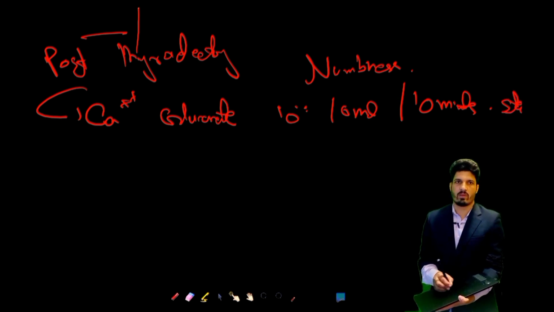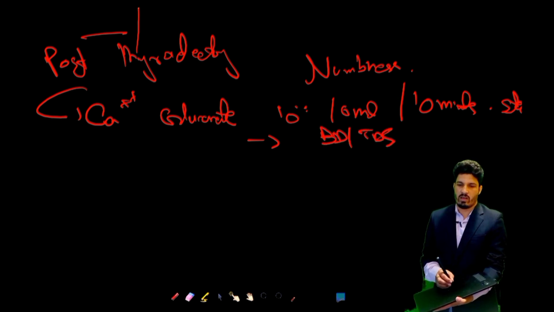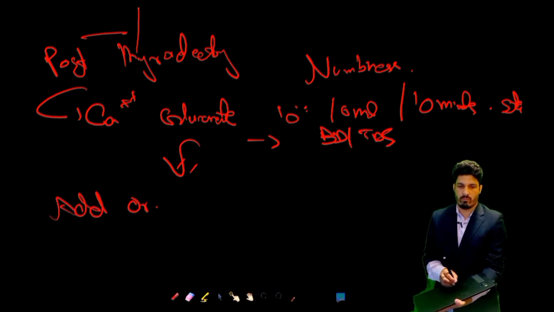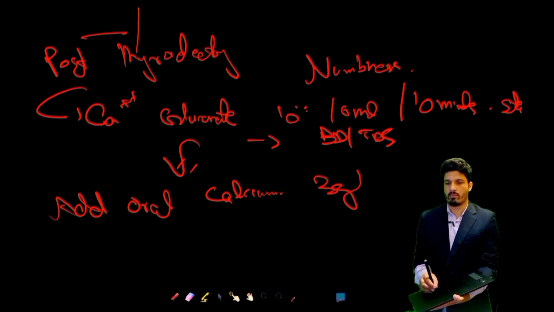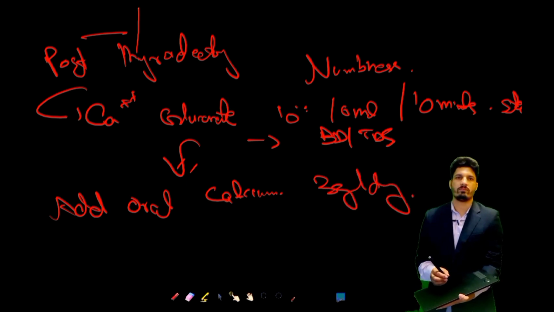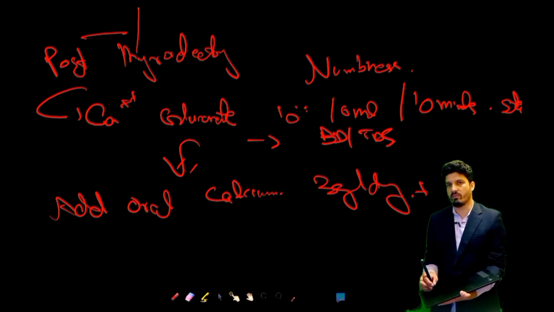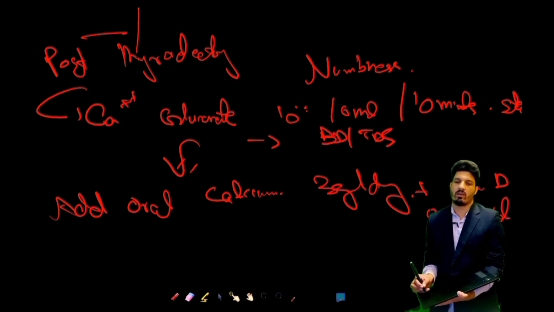After that, you will give it in BD or TDS dose, and then you will add oral calcium gluconate in the form of 3 gram per day. You will definitely also give vitamin D in 0.5 microgram per day.